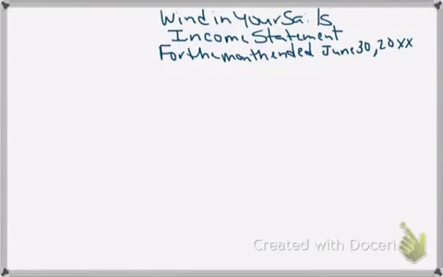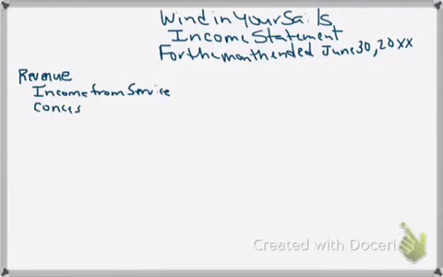I then will come in and list out my revenue accounts. So I'm going to start with revenue. I'm then going to indent over and list the accounts that we have been using. Income from services is the first revenue account that you're going to look at. The next one is the concession income. I will start all the way to the right with my columns.